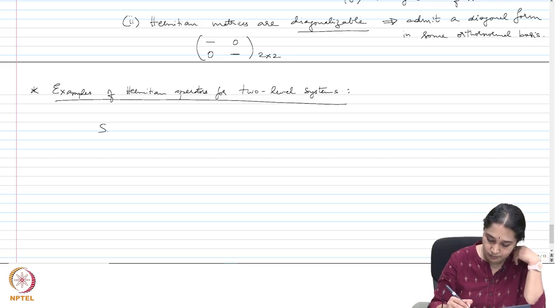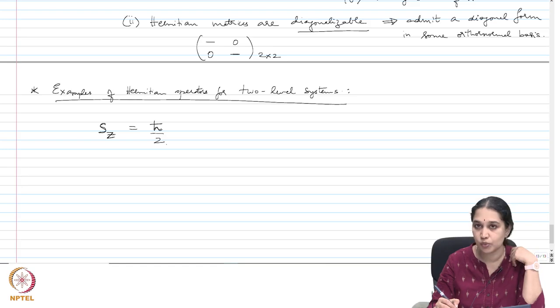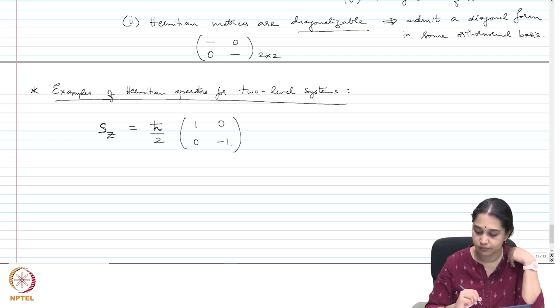So, here is an example. I am going to call this the operator S sub z, okay. This will be written in units of the fundamental Planck's constant, which is h bar. H bar is simply the Planck's constant h over 2 pi, right. So, I am writing this matrix in units of h bar by 2, with rows 1 0 and 0 minus 1, right.